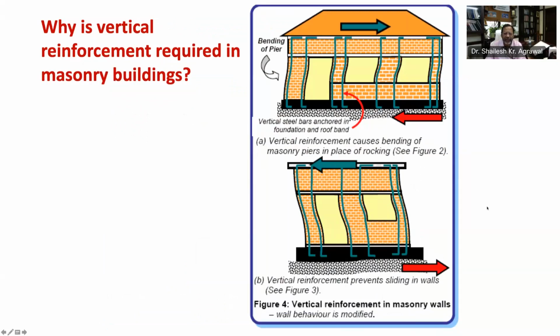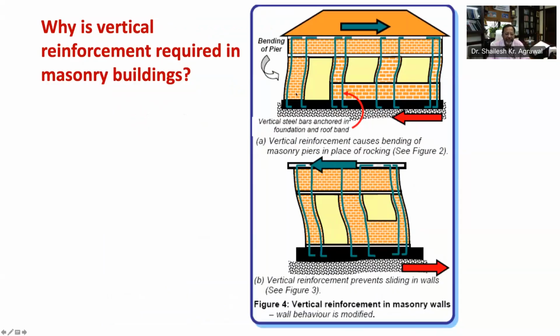As you can see in this figure 4, embedding vertical reinforcement bars in the edges of wall piers and anchoring them in the foundation at the bottom and in the roof band at top forces the slender masonry pier to undergo bending instead of rocking and sliding.